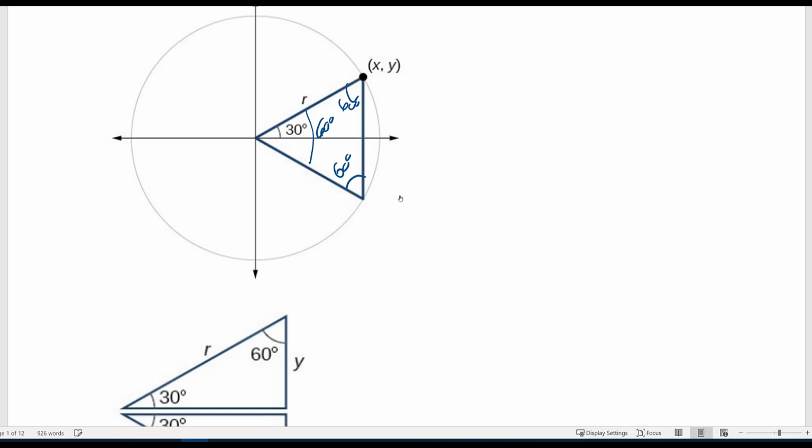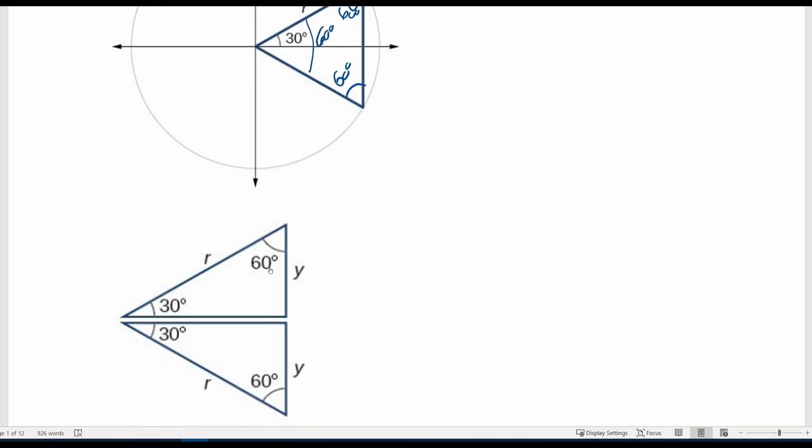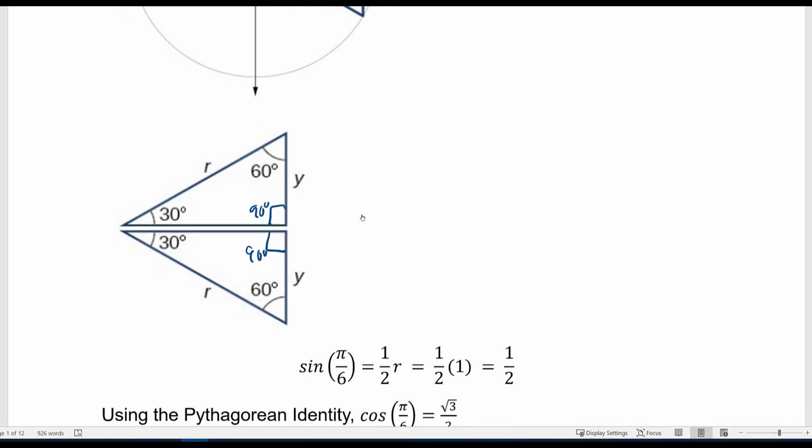Now if you were to split this triangle into two triangles, as I do here, we get a 30, 60, 90-degree triangle. This is a very popular triangle, the 30-60-90 triangle, and we can then relate the sides. Here's our r, sine of pi over 6.